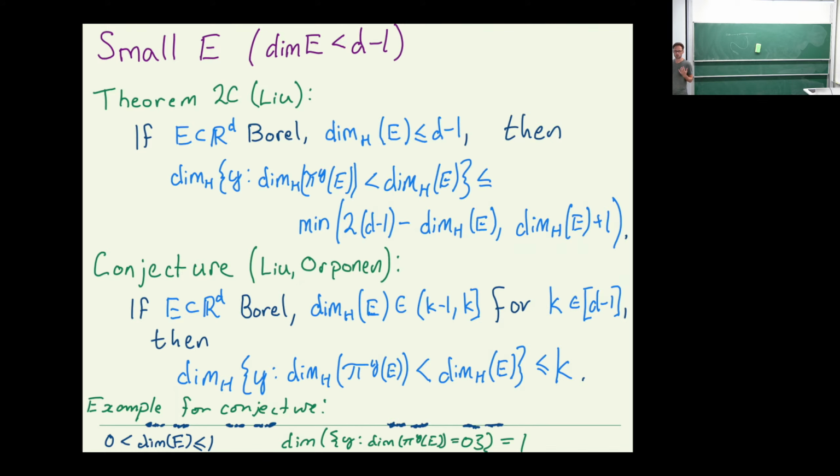One way to maximize the size of the exceptional set is to put everything into a lower dimensional subspace. So for example, here we just stick some set in a line.